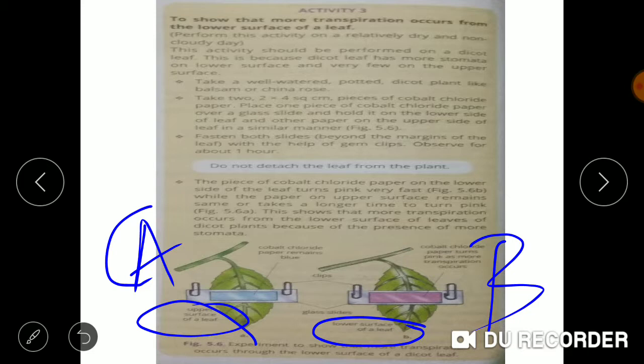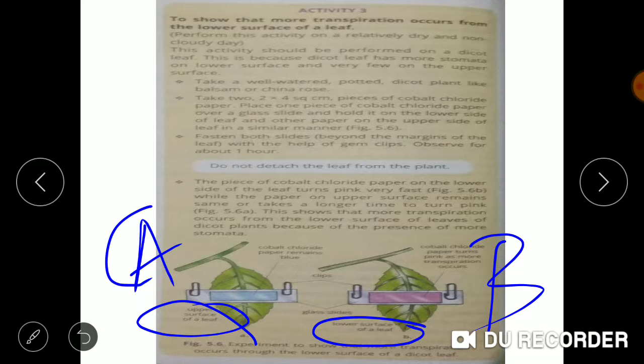This loss of water in the form of water vapor, that means transpiration has occurred, and transpiration occurs more from the stomata, and as more stomata are present on the lower surface of the leaf, the transpiration will be very high, will take place very fast, and will change the color of cobalt chloride paper in setup B as compared to setup A.